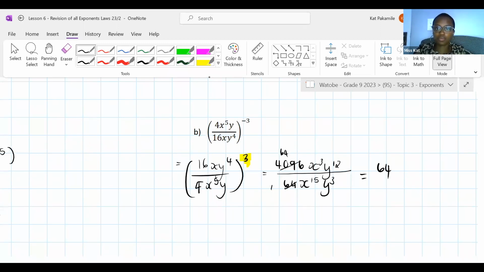Then x cubed divided by x to the power of 15: 3 minus 15 gives me negative 12. And y to the power of 12 divided by y cubed will give me y to the power of 9.